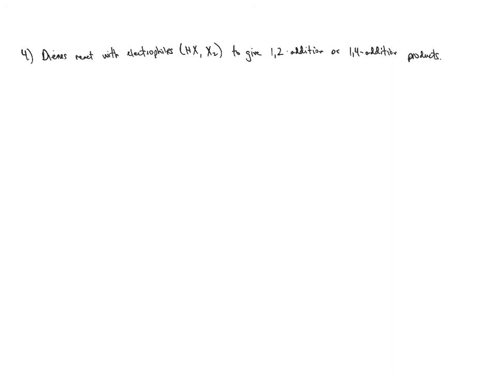Right, let's take the example of 1,3-butadiene reacting with HX. Let's just say it does an electrophilic addition. And so we get addition of the pi bond, right, to give us a carbocation right here. That carbocation can undergo resonance delocalization.